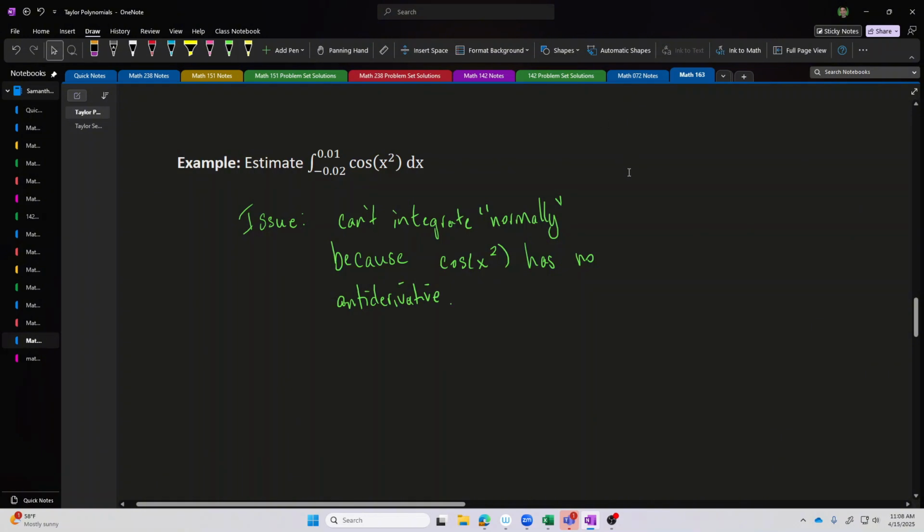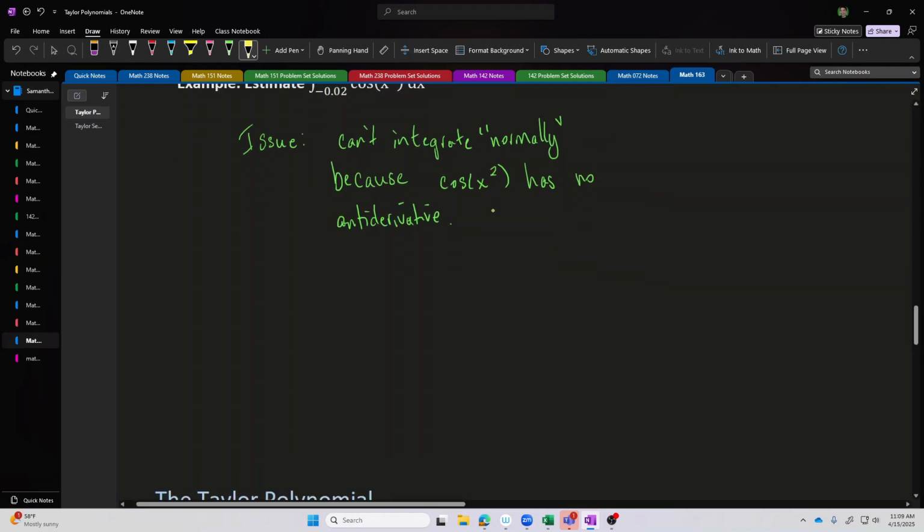So instead of calculating this antiderivative normally and integrating normally, I'm going to take advantage of the fact that this is only asking me to estimate the value of this definite integral. And if I'm asked just to estimate the value of this definite integral, that unlocks a couple of alternative methods that could be used to tackle this problem.